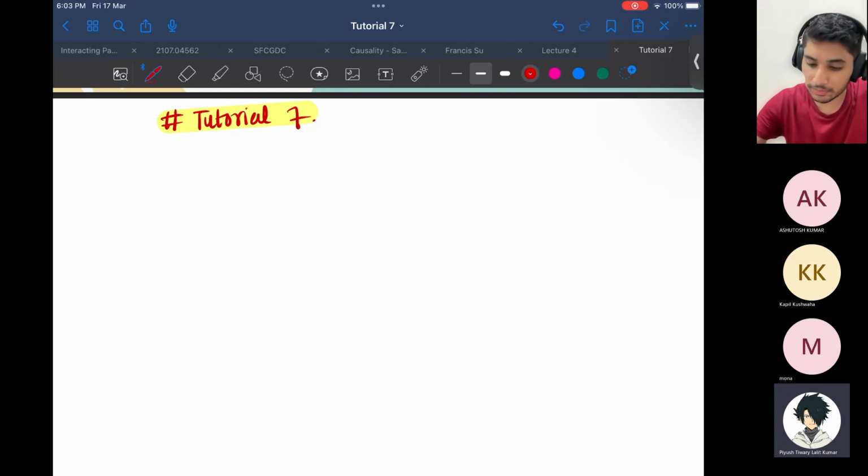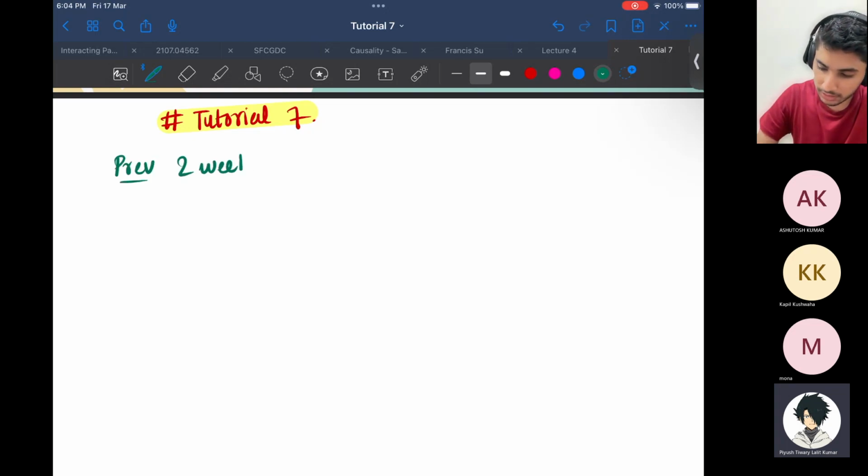So right now, what we are doing is looking at different aspects of deep learning. If I had to say it formally, the previous 2 weeks revolved around the curse of dimensionality.